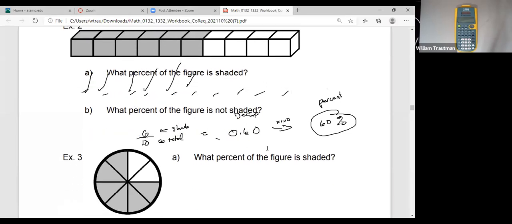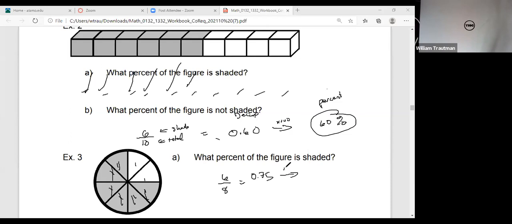And moving on. Here we have 1, 2, 3, 4, 5, 6, 7, 8 total. And there are 1, 2, 3, 4, 5, 6 shaded in. 6 out of 8. If I put that into my calculator, 6 divided by 8, I get 0.75.